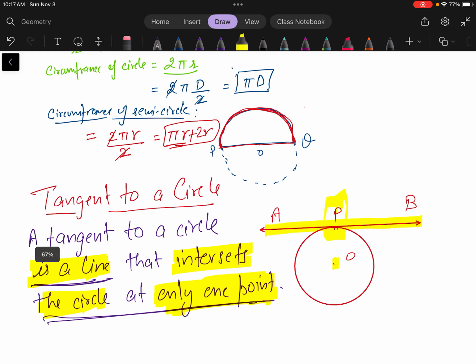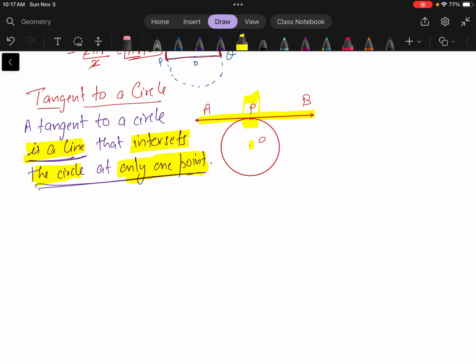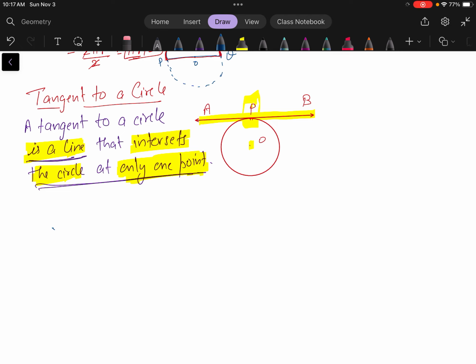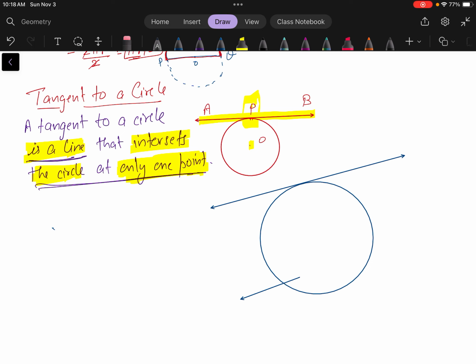Okay, so now we'll discuss the tangent to a circle. Now we'll come back and discuss some more properties. So let's assume this is the circle. In this circle I am just taking one more line. So this is the line that is intersecting the circle, and we will take another line. This is also a line here.